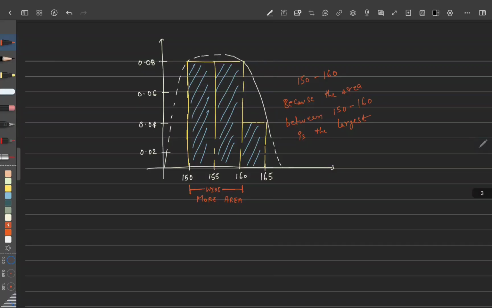now that we are able to get the intuition, let us assume that we had the height data of 10,000 people, and you would have bin sizes as small as 1 centimeter.